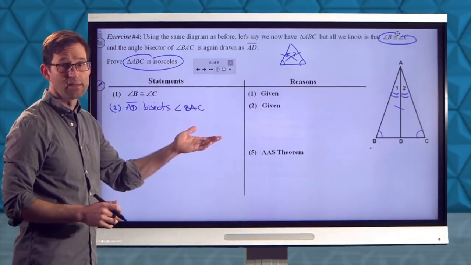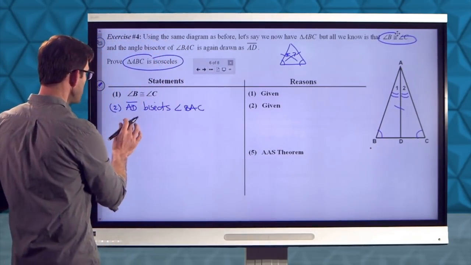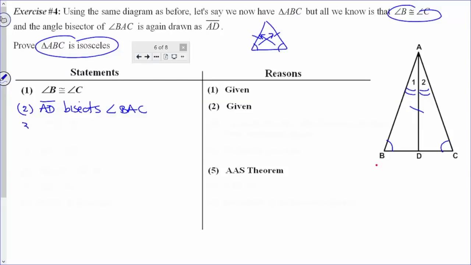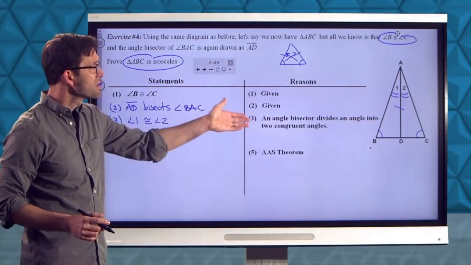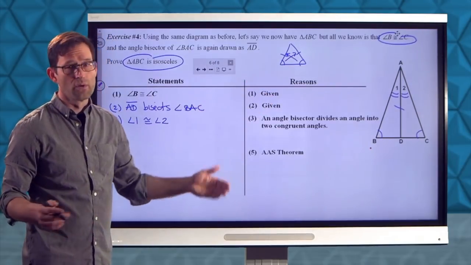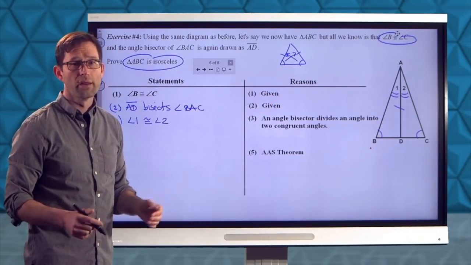Also a given. That tells me now that angle 1 is congruent to angle 2. Angle 1 is congruent to angle 2. Why? Because an angle bisector divides an angle into two congruent angles. Wordy, but the way it is.